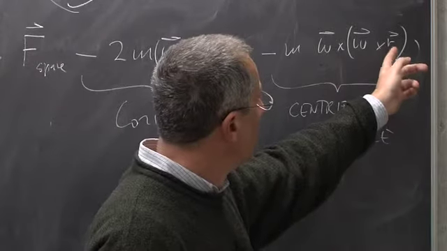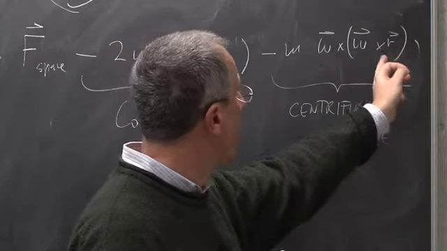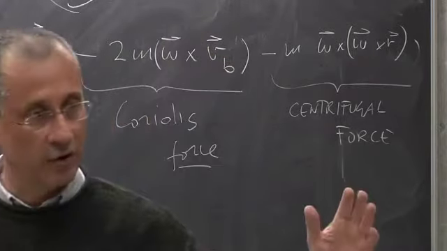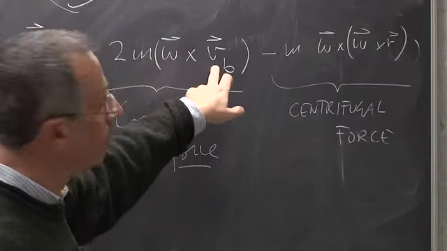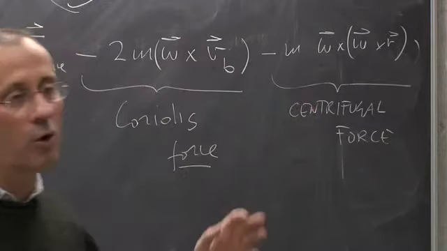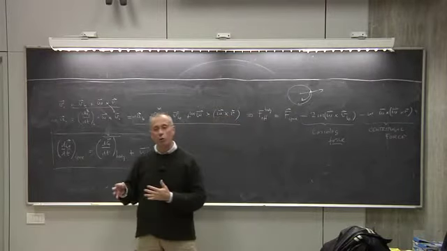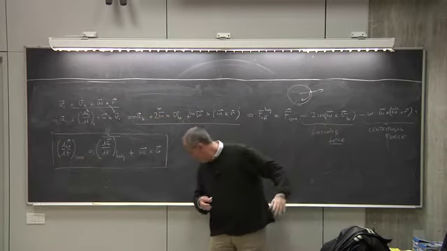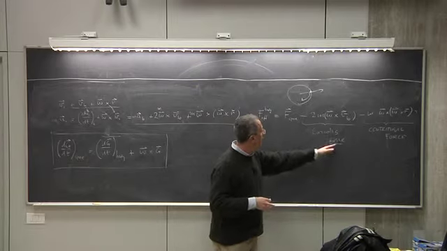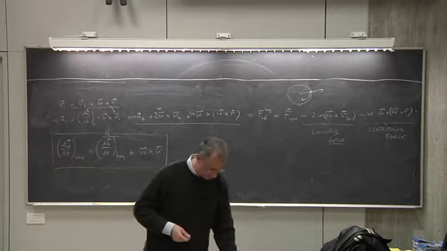And also, the further away from the center, that is the larger r, the larger is the force. This one is a little bit more complicated in the sense that it's proportional to the velocity. So as long as you do not move, there is zero Coriolis force. But as soon as you start moving, then you have a component that is called the Coriolis force that is acting on you just because you are in a frame that is rotating. Okay?